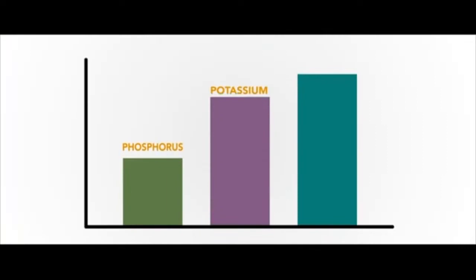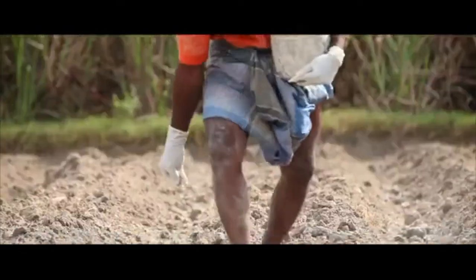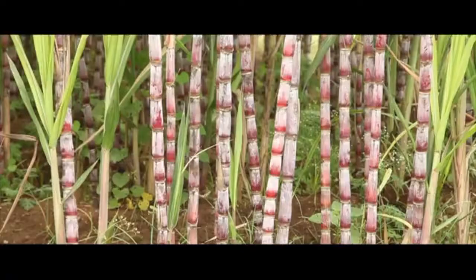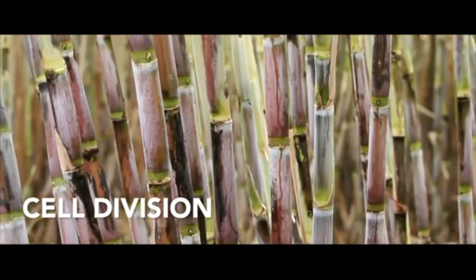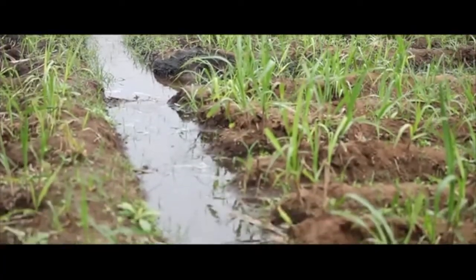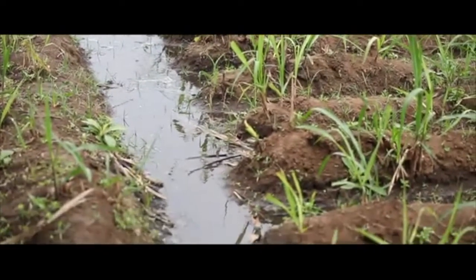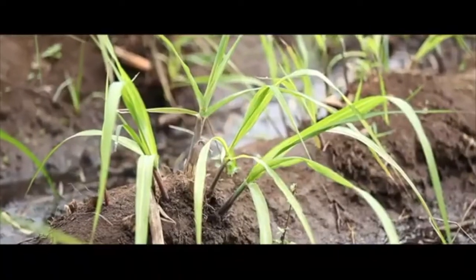The requirement of phosphorus is relatively lower than that of nitrogen and potassium. However, phosphorus is essential for the formation of proteins and thus for yield buildup. It plays an important role in cell division, stimulates root growth, and is vital for plant metabolism and photosynthesis. It is also required for adequate tillering.